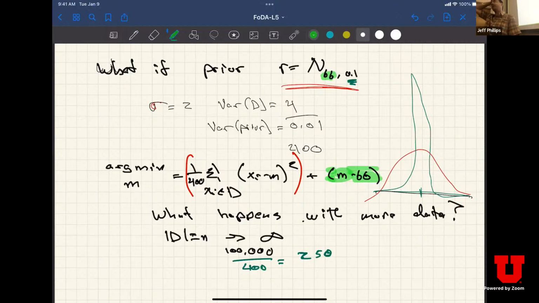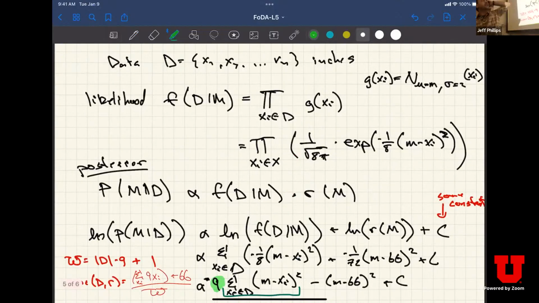So in this sort of analysis, maybe the prior I don't trust as much because it's a different population. There was an issue with how I modeled the standard deviation of the data.